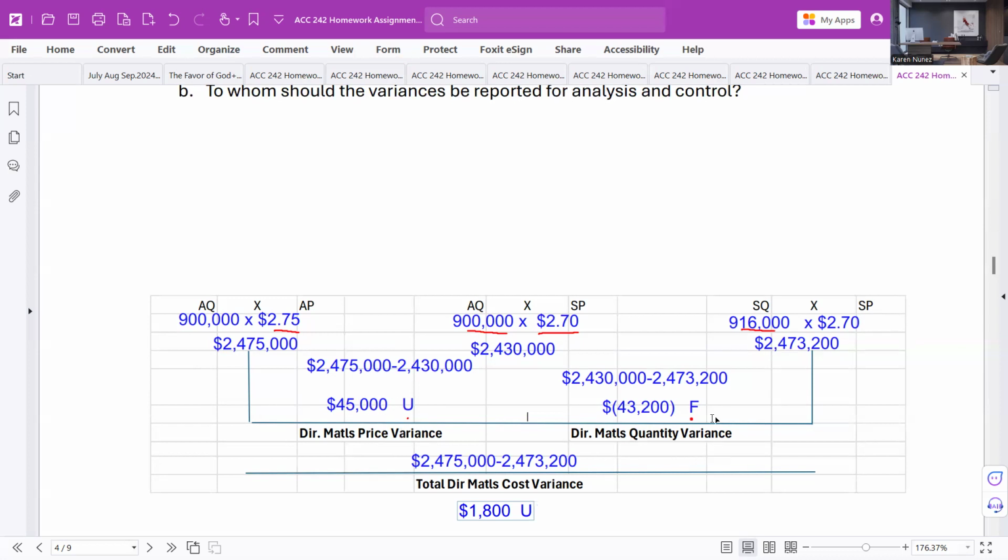And typically the operations department is responsible for quantity variances. So operations or production management, production supervisor, whoever's responsible for the utilization of the materials, that's who you report a quantity variance to. But price variances are almost always the responsibility of the purchasing department or the purchasing manager.